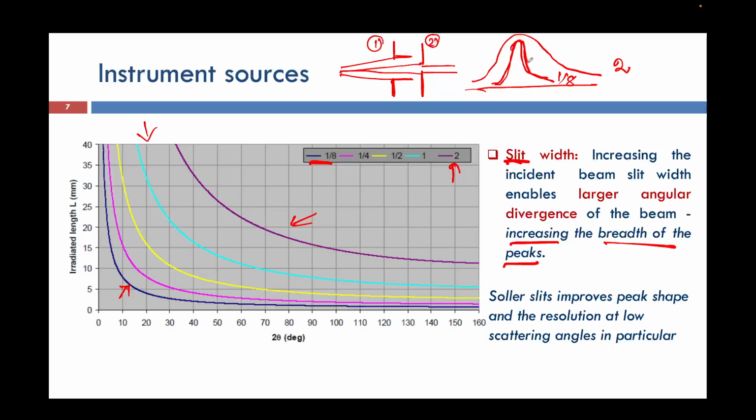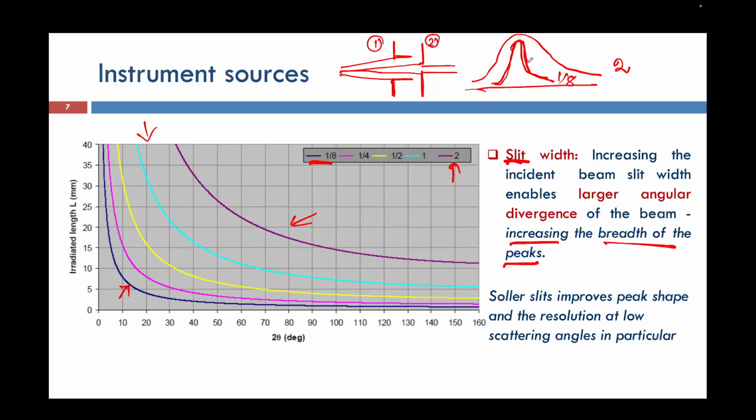But if we do not know from which source this broadening is coming, what will we think? We will think that this broadening is coming due to our sample. It might be the inherent properties of the sample, and then all the calculation, all the knowledge about our material will be wrong.